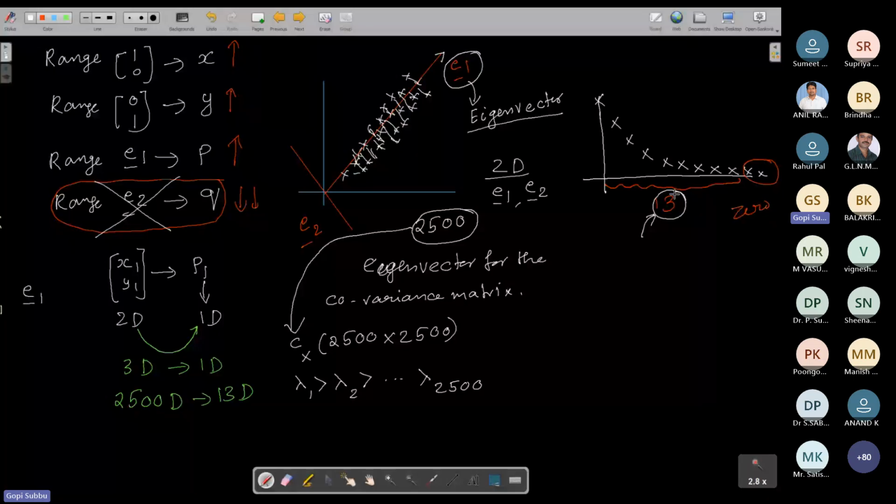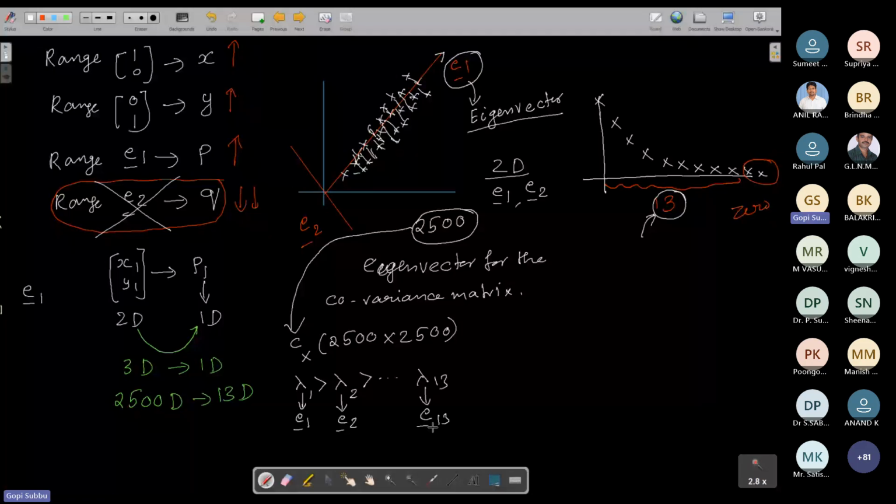So now, though we have 2500 eigenvalues, we need to identify the eigenvectors corresponding to the significant eigenvalues. It means you select the largest, say 13 eigenvalues, and then find the 13 eigenvectors.